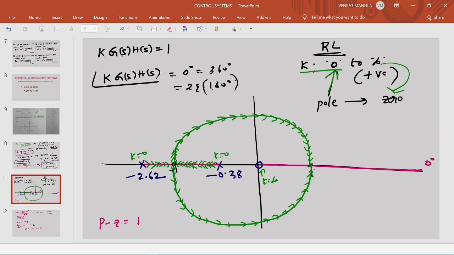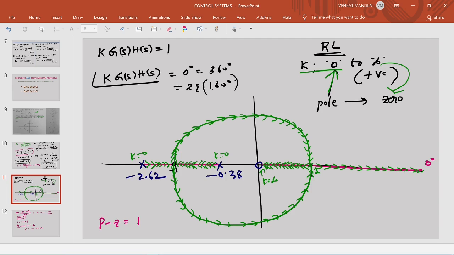Once they break in at s equal to 1 and break away, one pole will move to this zero and another pole will move to infinity through this 0 degree asymptote. That's it. This is the root locus plot.